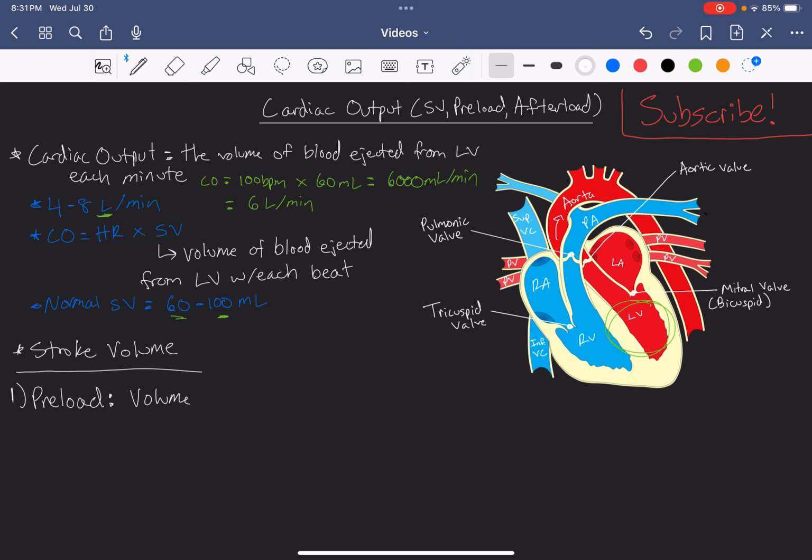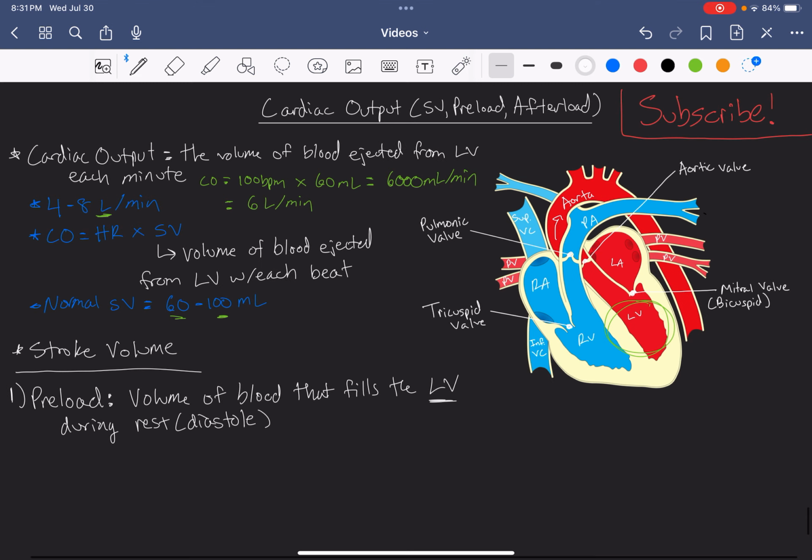This is the volume of blood that fills the left ventricle during rest, also known as diastole.